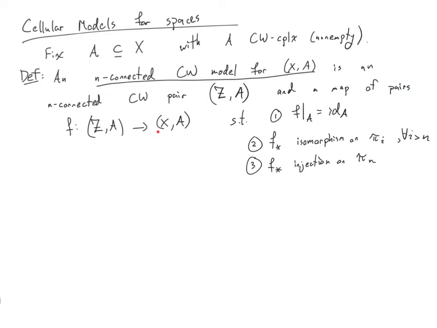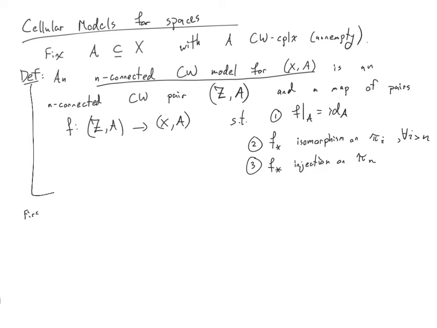This is like a map from Z to X such that the restriction on A is the identity, and it's an isomorphism on pi i for i bigger than n, and an injection on pi n. So let's look at a couple examples of what that would mean. So let's unpack the first thing. So here's the whole definition.